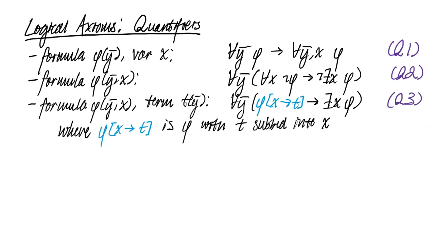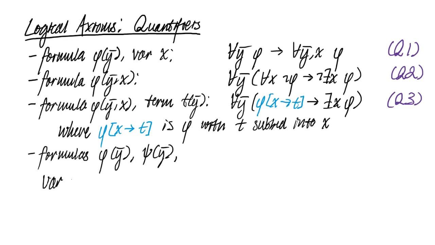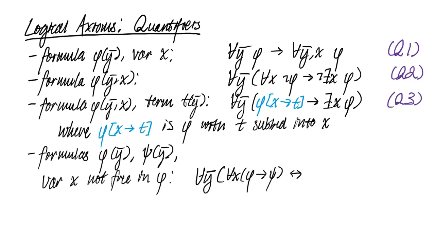Again, it is clear this sentence holds for all tau structures simply because the term evaluated for some values in the structure provides a witness for the existentially quantified variable x. For all tau formulas phi with free variables y and psi with free variables y and variable x not free in phi, we have the axiom for all y, for all x, (phi implies psi) if and only if (phi implies for all x, psi). We denote this axiom as Q4.